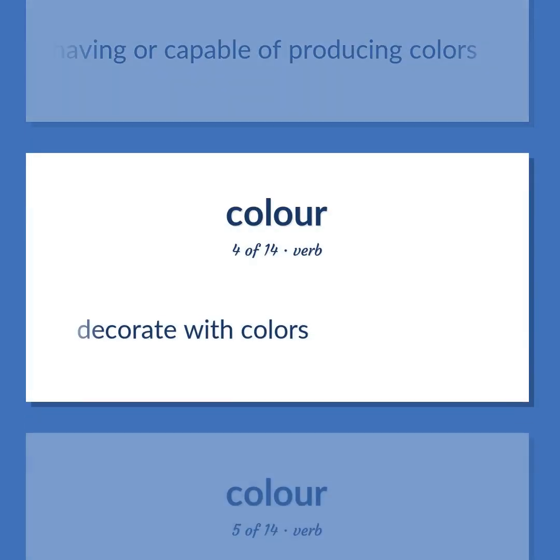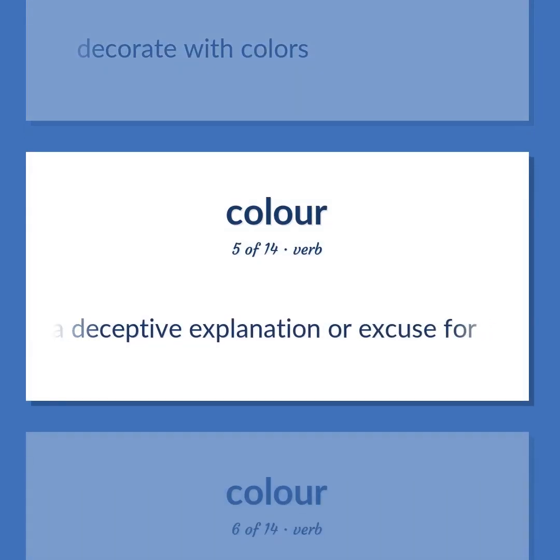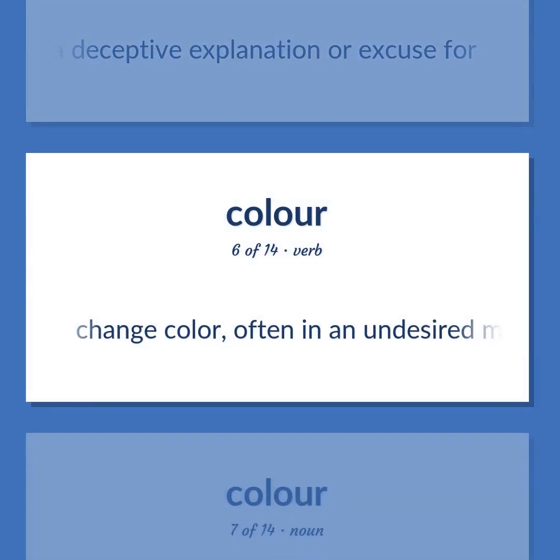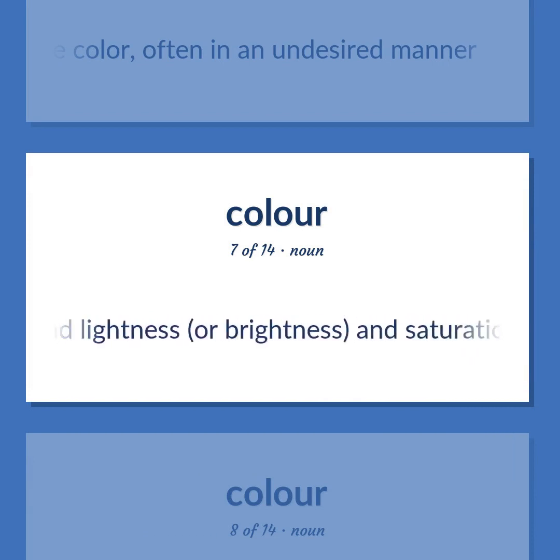Decorate with colors. Give a deceptive explanation or excuse for. Change color, often in an undesired manner. The appearance of objects, or light sources, described in terms of a person's perception of their hue and lightness, or brightness, and saturation.